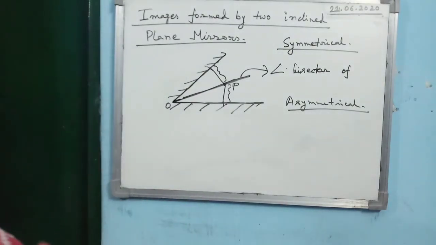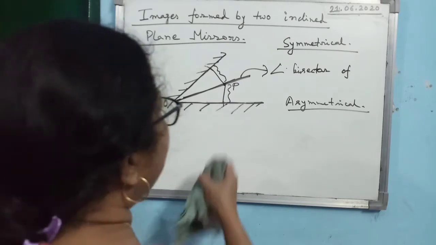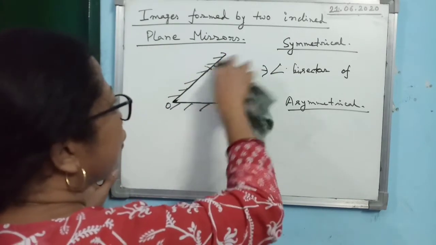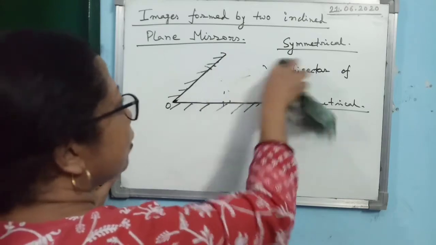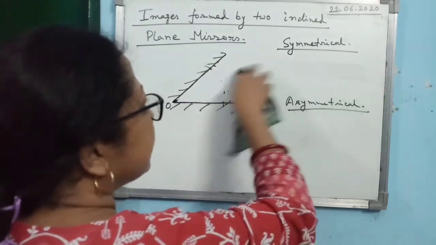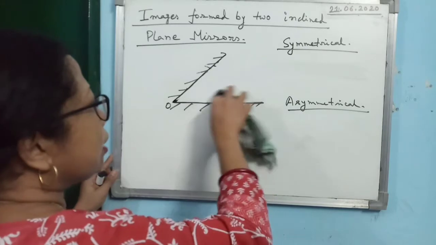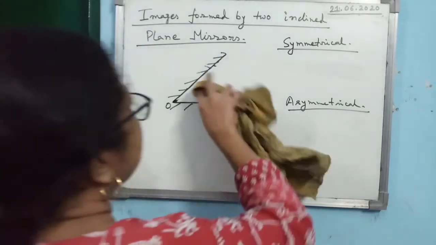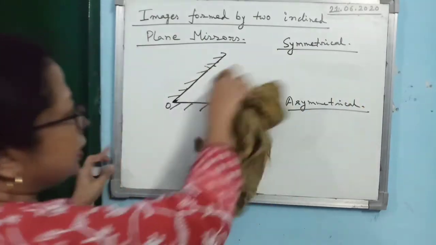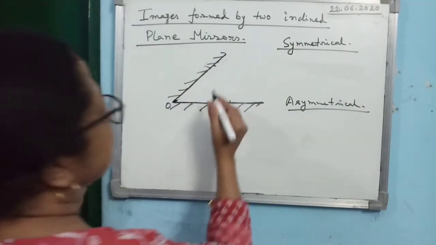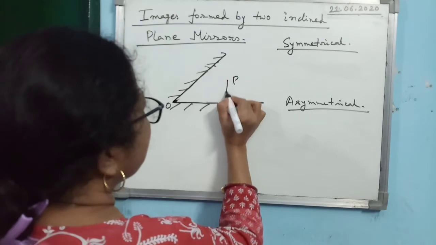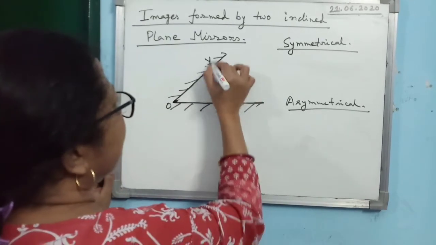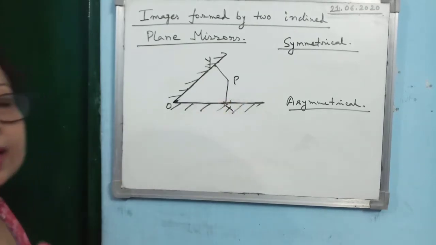So symmetrical setup simply means that the object is at equal distances from both the mirrors. Just consider this one. If you consider the point P here, and you drop perpendiculars, and I name them X and Y, then PX and PY are equal.